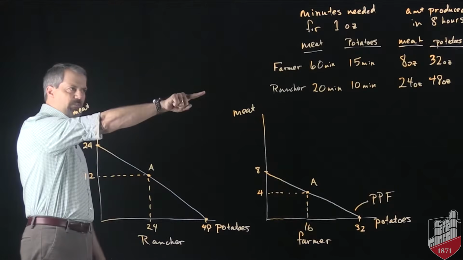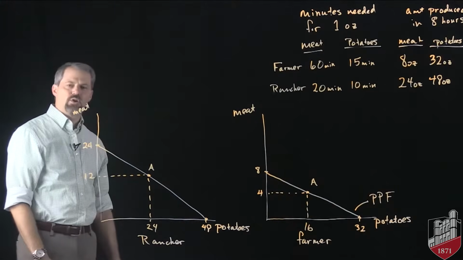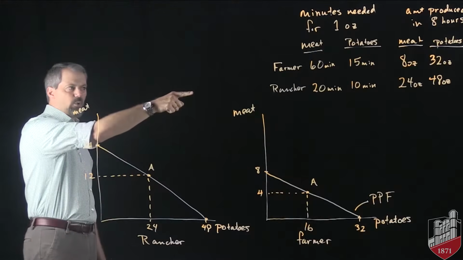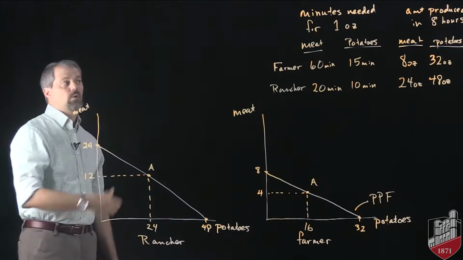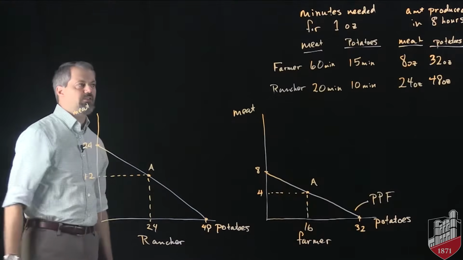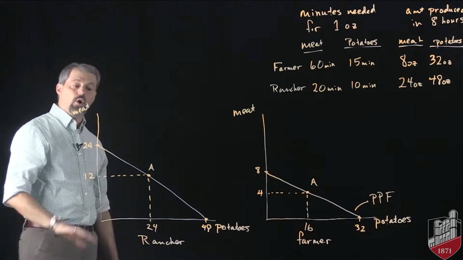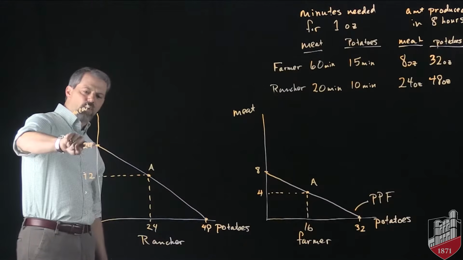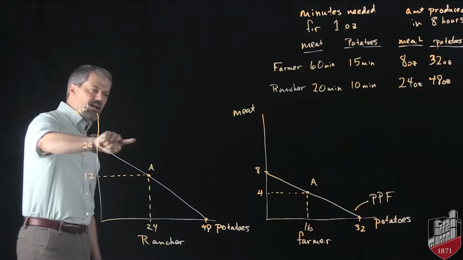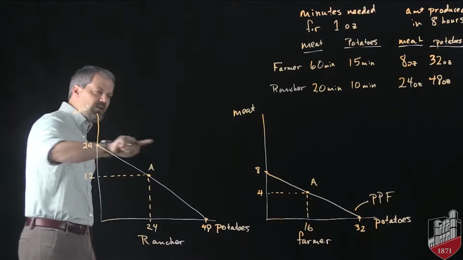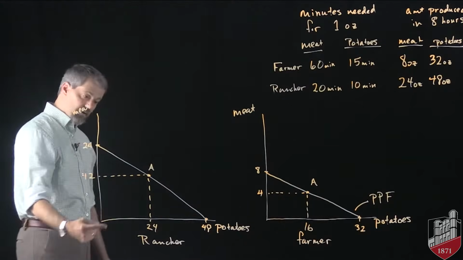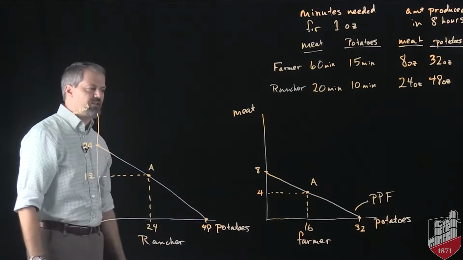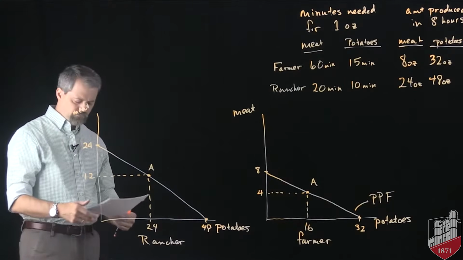So we can see absolute advantage from that table over there, where we've got 8 ounces of meat versus 24 ounces of meat, or 32 ounces of potatoes versus 48 ounces of potatoes. Or we can see absolute advantage from the fact that the end point for the rancher is higher than the farmer's end point. Also in that direction, the rancher's end point is farther out than the farmer's.